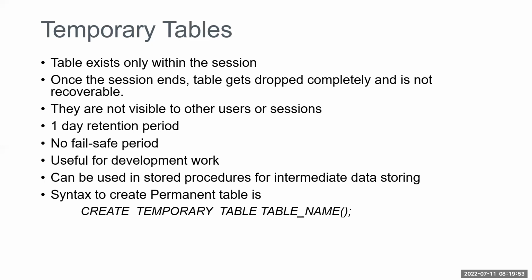In that case, instead of creating a transient table or permanent table, I can simply create a temporary table, and when the system is done with the execution of that stored procedure, those tables will get dropped automatically. So there will be no storage cost for those tables. This is one of the main use cases of temporary tables. We create them mainly in stored procedures for intermediate data processing or intermediate data storing.